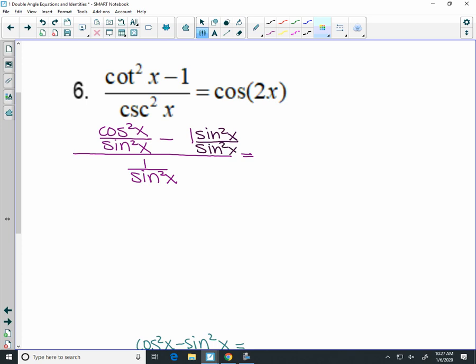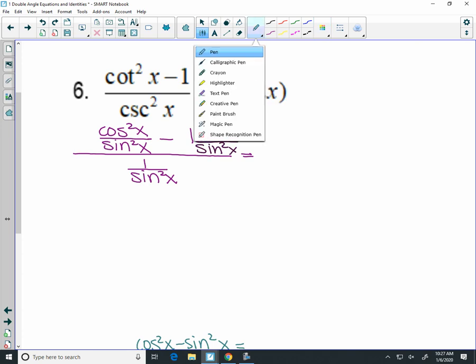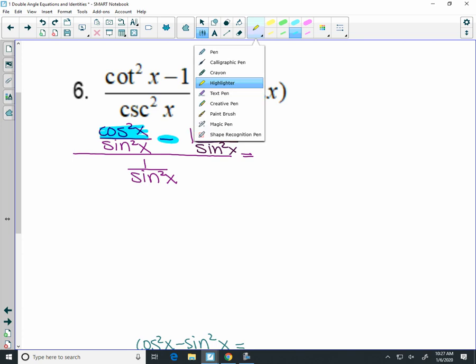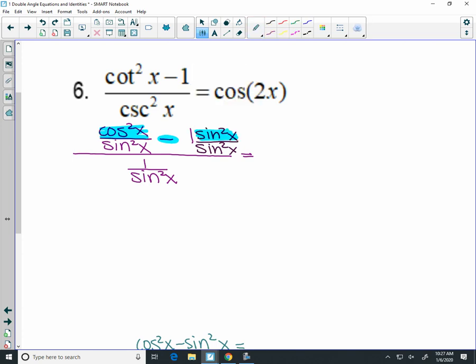So hey, remember our goal was cosine squared minus sine squared? Do you see it right now? Oh, yeah. It's there. That's our goal. So we're going to leave that numerator alone as much as we can and just try to get rid of everything else.